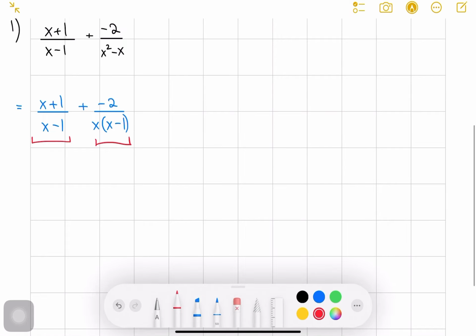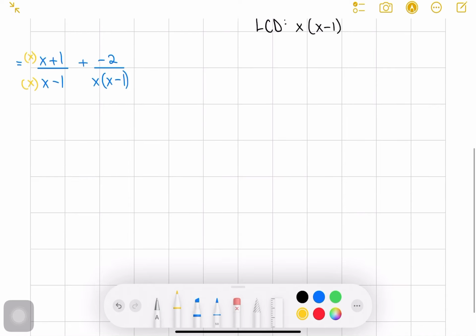So looking at them, they look the same pretty much, except this one has an extra x over here. So if we want to find out our LCD, our least common denominator, it's looking like x times x minus 1. That's it. That's the least common denominator. So in order to do this, we're going to need to multiply both of these by x up and x down, so it's equal.